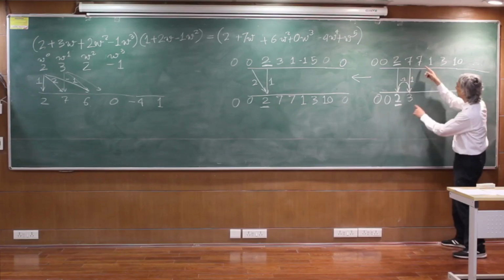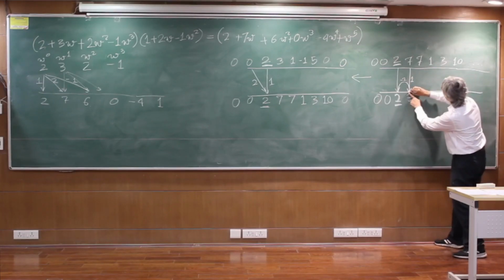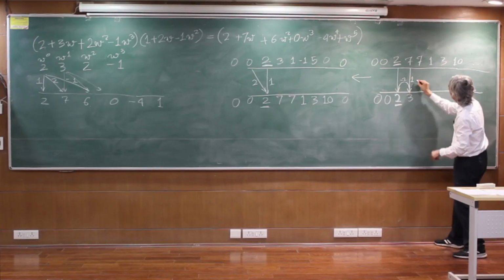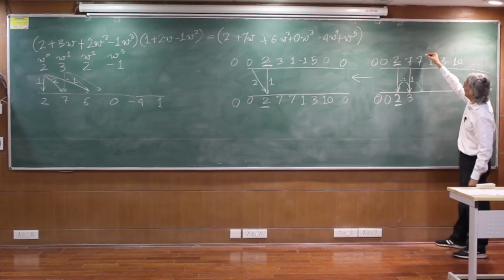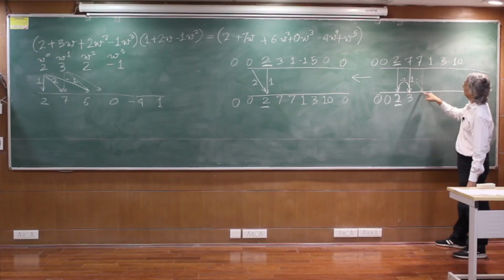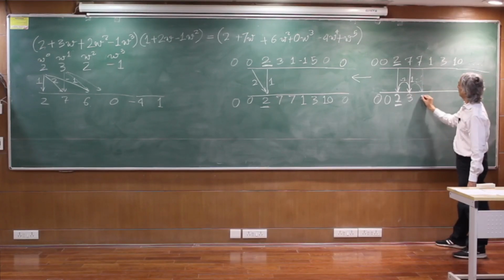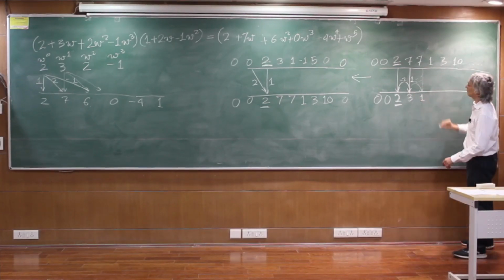Correct? Let's see if it keeps on working. The same thing: now multiply this by minus 2 and this by 1. And what do you get? 7 minus 6 is 1.